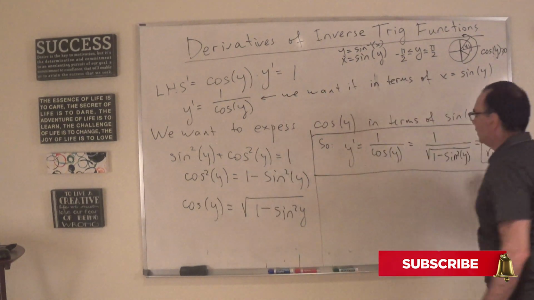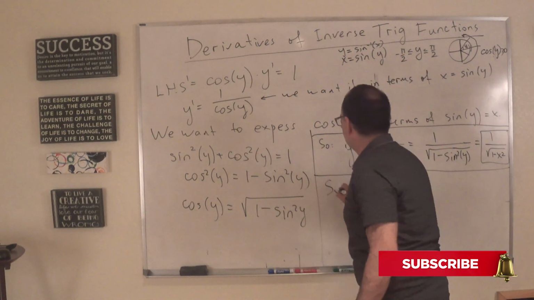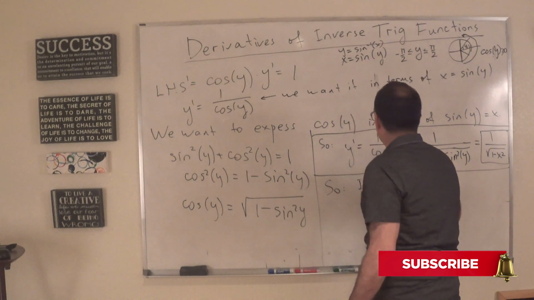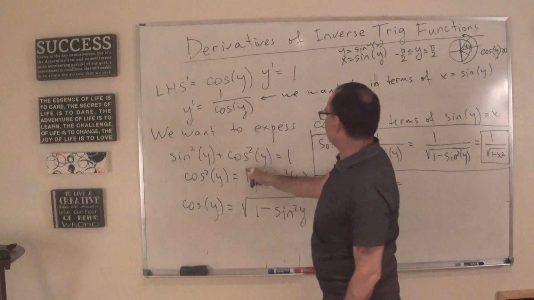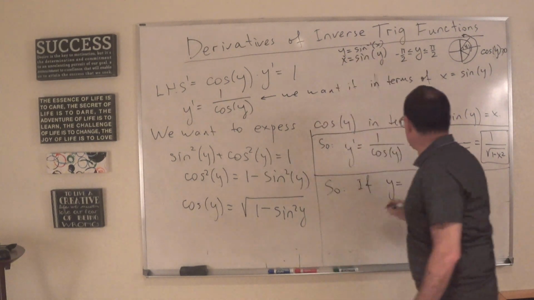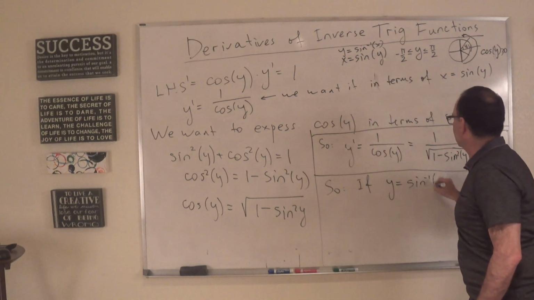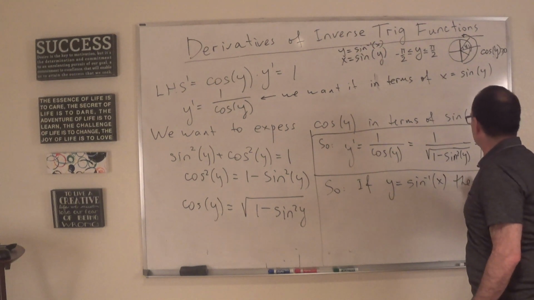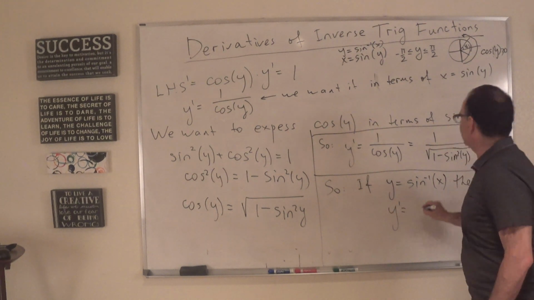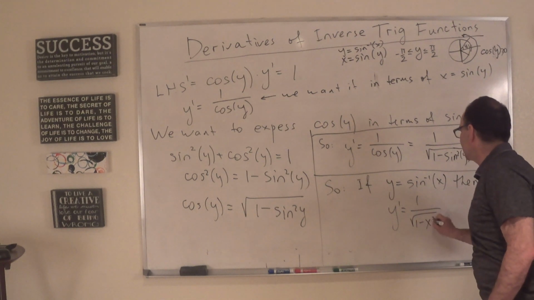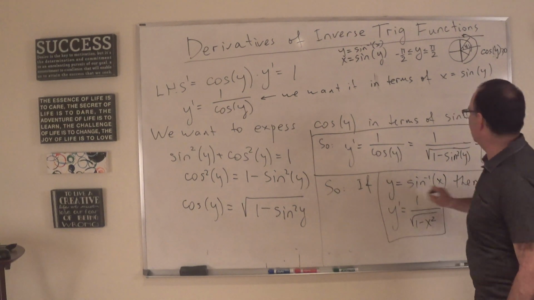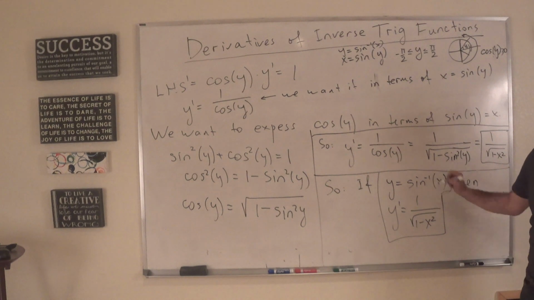So here is what we got: if y is inverse sine of x, then the derivative equals 1 over square root of 1 minus x squared. So this is the derivative of the inverse sine.